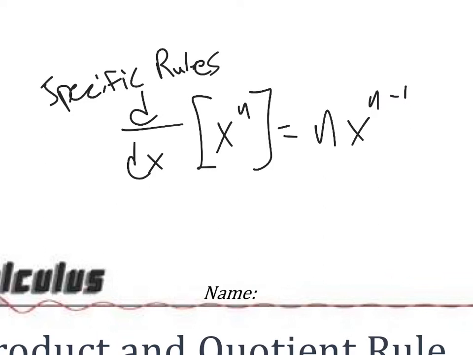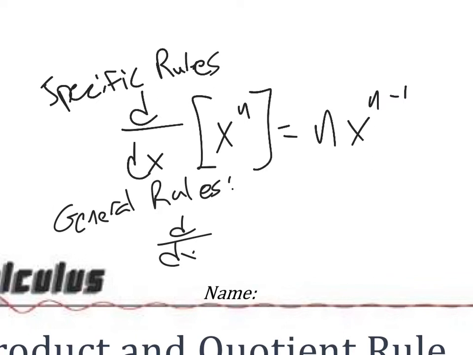Okay, we have specific rules for derivatives, and then we have some general rules. General rules say if we have the derivative of f of x plus g of x.